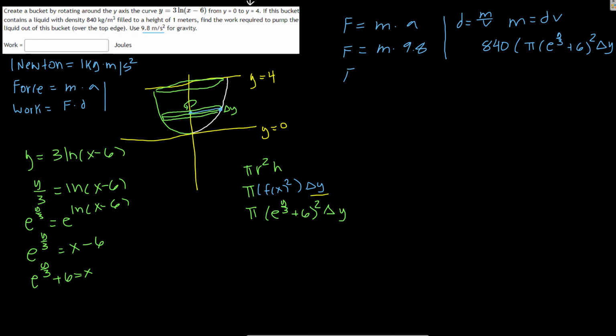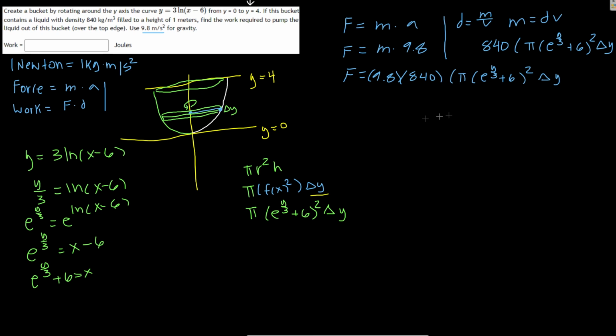So what we found is that the force equals 9.8, the acceleration, times 840, the density, times the rest of the expression for volume, which is pi times e to the y over 3 plus 6 squared times some change in y. Okay.